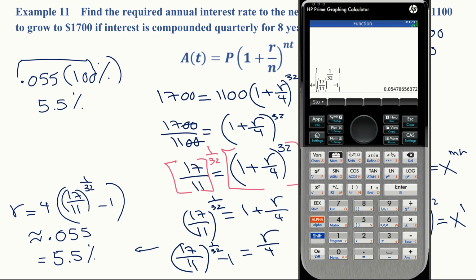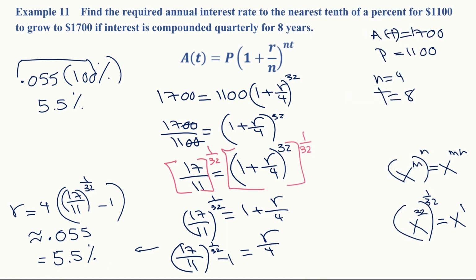All right, so that's the interest rate that would be required for 1100 to grow to 1700 if compounded quarterly for 8 years. All right, so make sure you can carry that on your own, and we'll proceed.